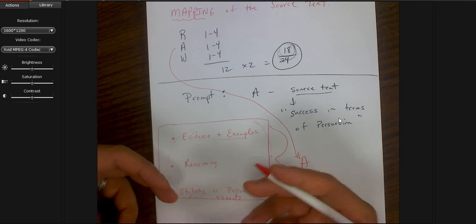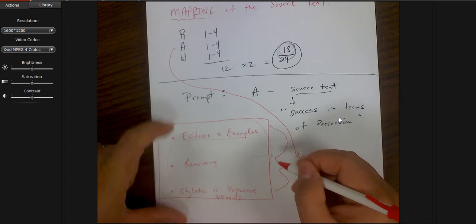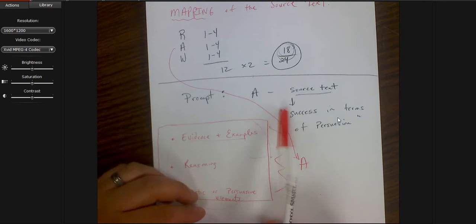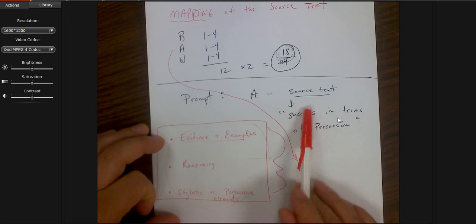And so this mapping portion, we want to be able to break down and get going in, the stronger reader you are, the faster you're going to be able to get through the source text.